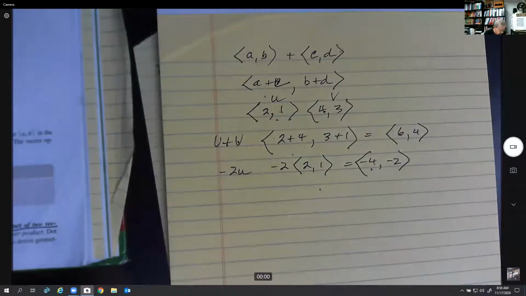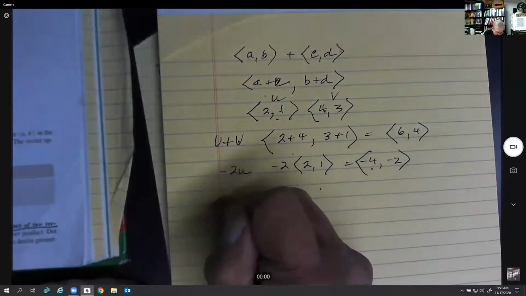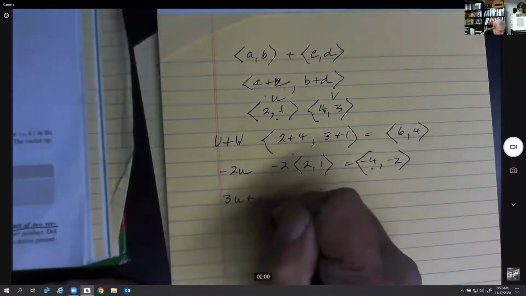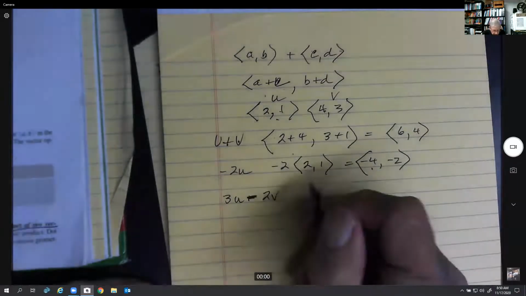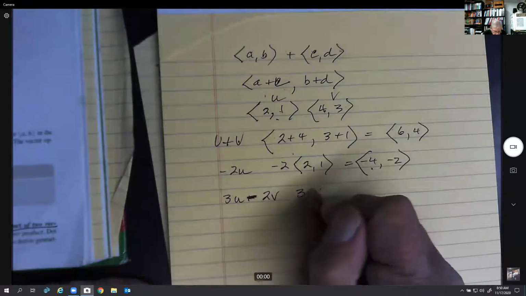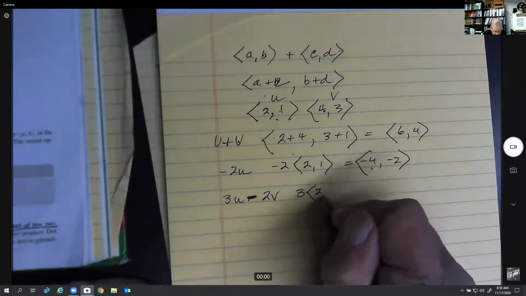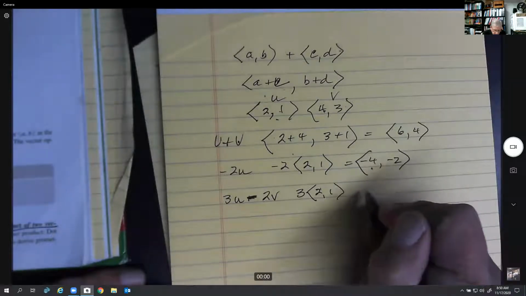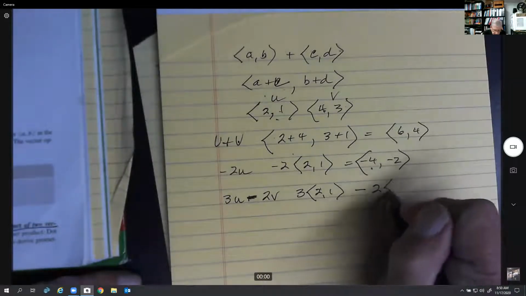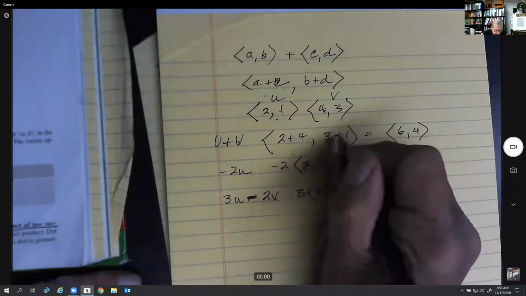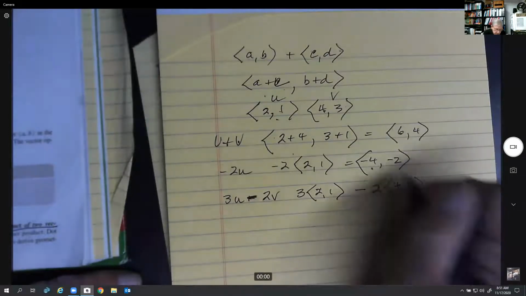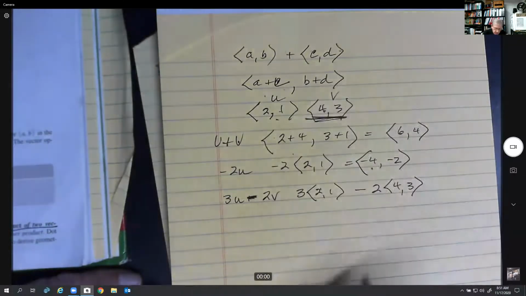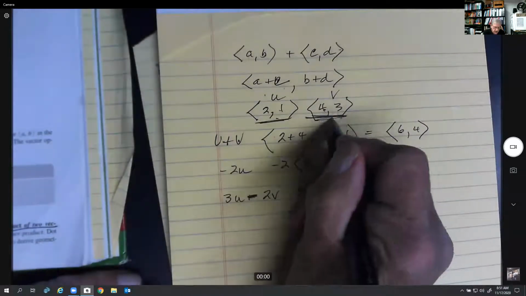The third one says, how about if we had something more complicated? We had 3u minus 2v. We're going to take the first vector, u, multiply by 3, and the second vector minus 2 times the second vector, which is 4, 3. Here's u, here's v.